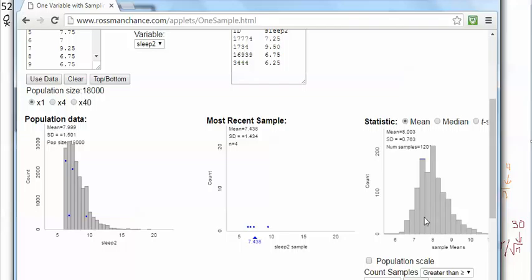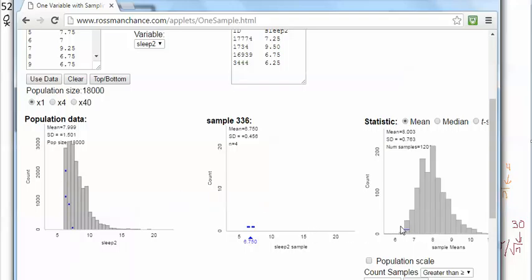One thing I like about this is that if you click on a certain sample, it lets you revisit the people in that sample. So this right here is the mean of these 4 people. This was the mean of these 4 people. This little building block here is the mean of these 4 people. And down here, that's the mean of these 4 people.